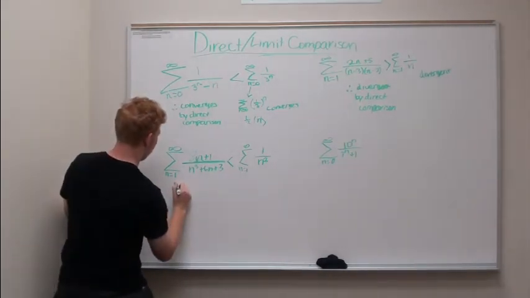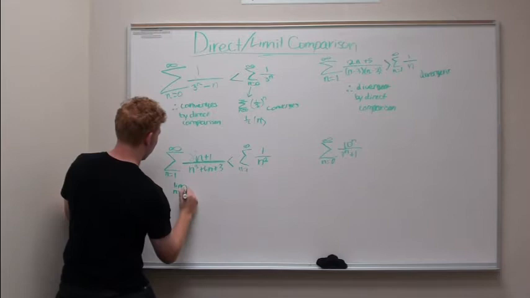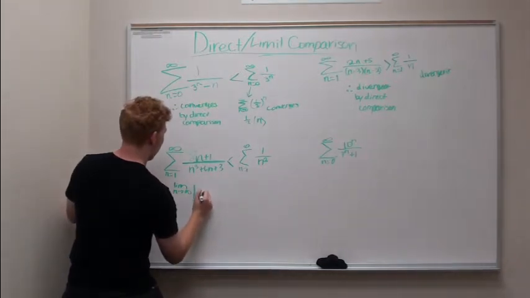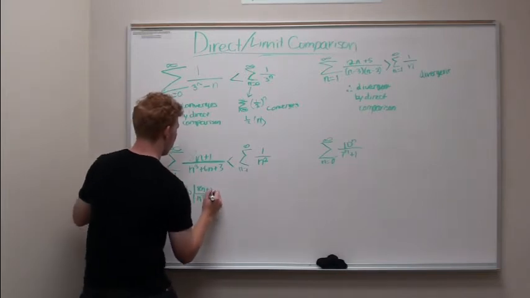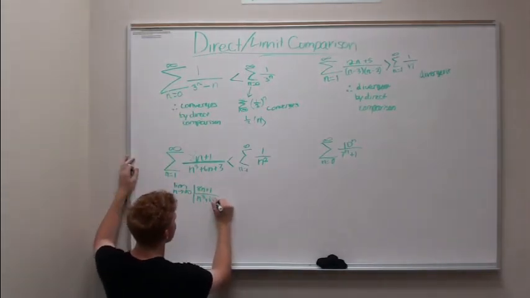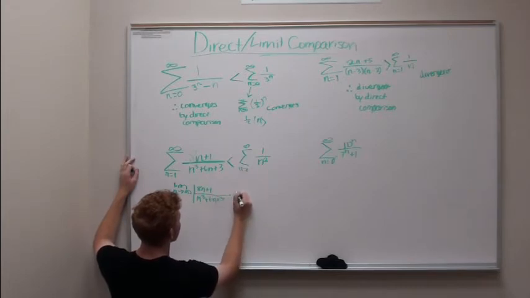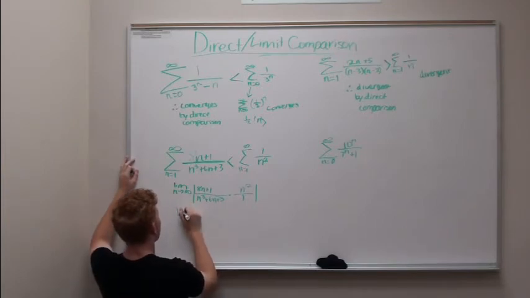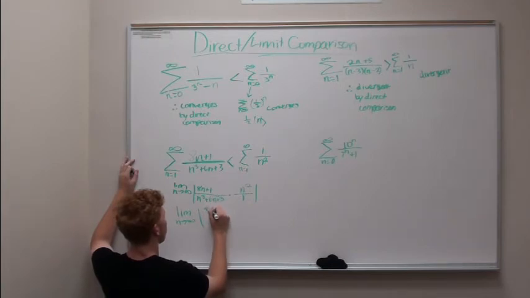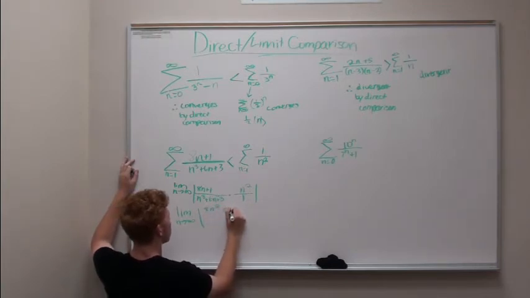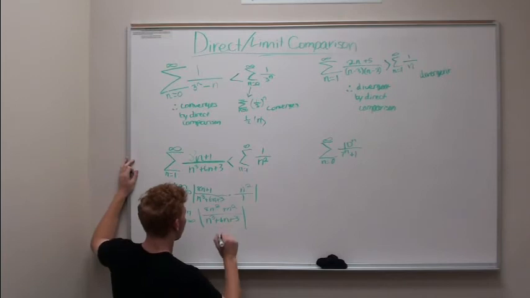So you take the limit as n approaches infinity of the original times the reciprocal of the test. So that would come out to 8n cubed plus n squared over n cubed plus n over 3. Alright.